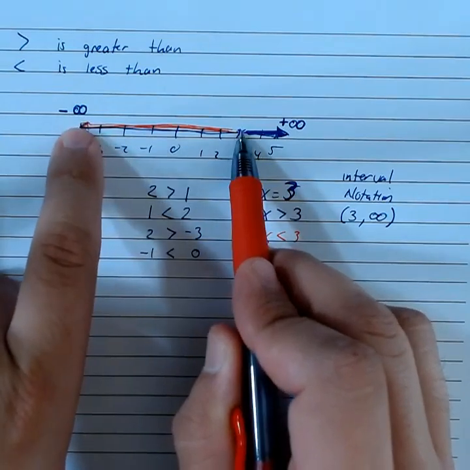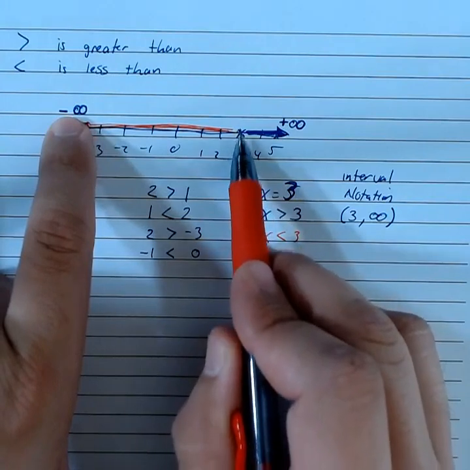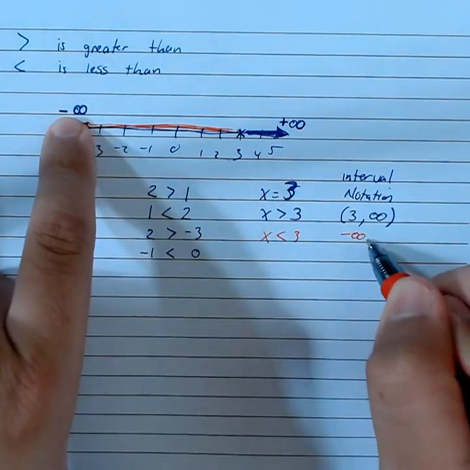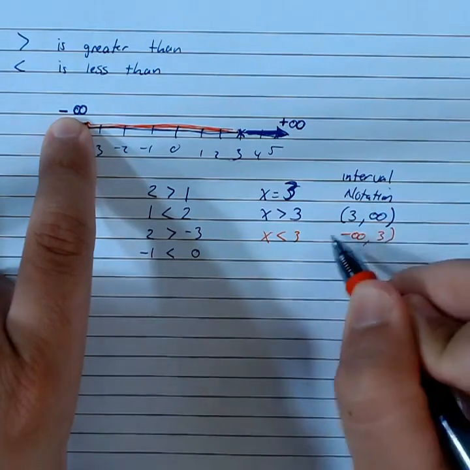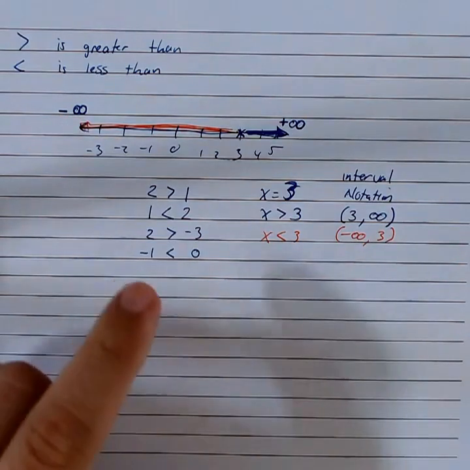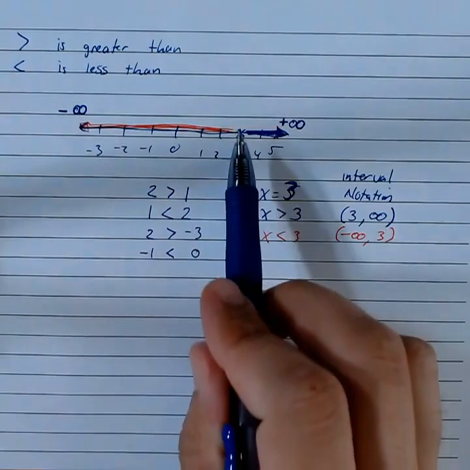Notice, all of this stuff goes all the way over here to negative infinity on the left, 3 on the right. So when I write that, I'm going to write that in order, negative infinity on the left and 3 on the right. Just like that. Now, you'll notice that in both of these cases, I don't include the number on the end. I don't include the number 3.